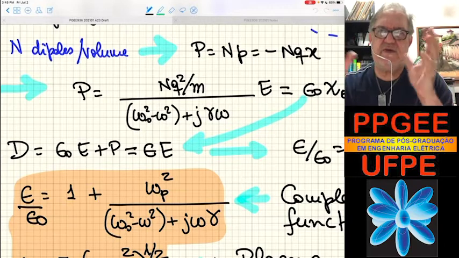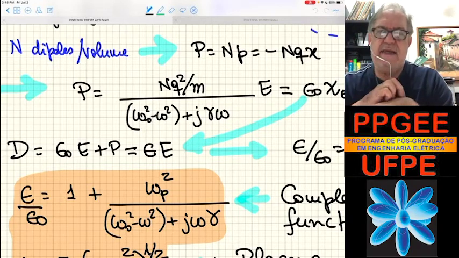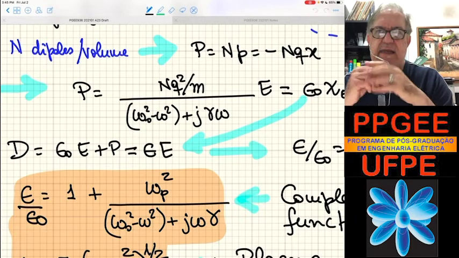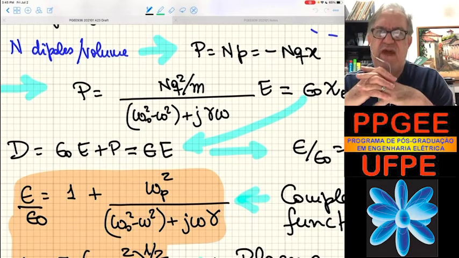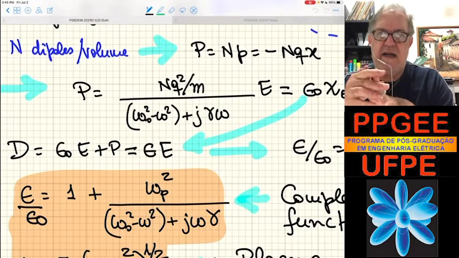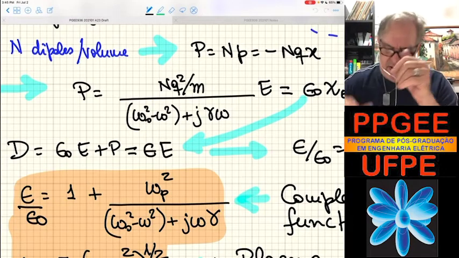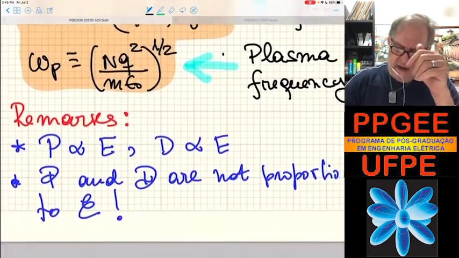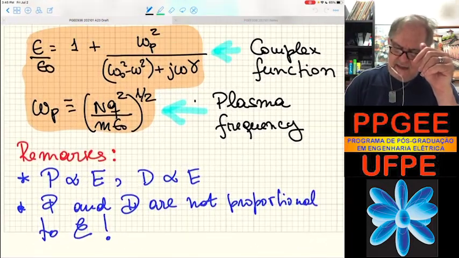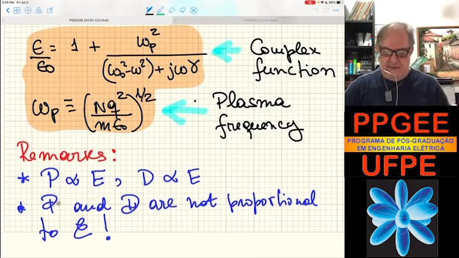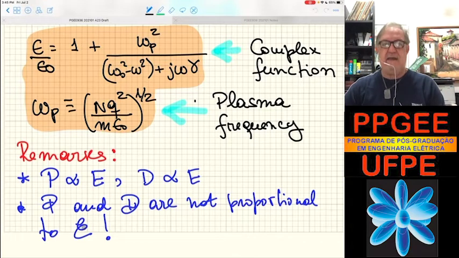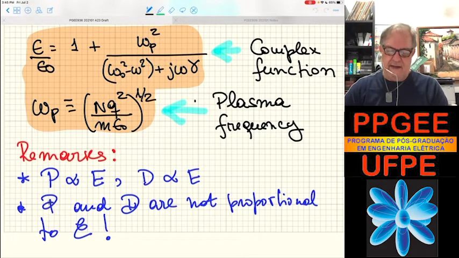P and E, D and P, D and E, the phasors are linearly related. On the other hand, when you talk about the physical quantities in the time domain, P, D, and E are not linearly related.